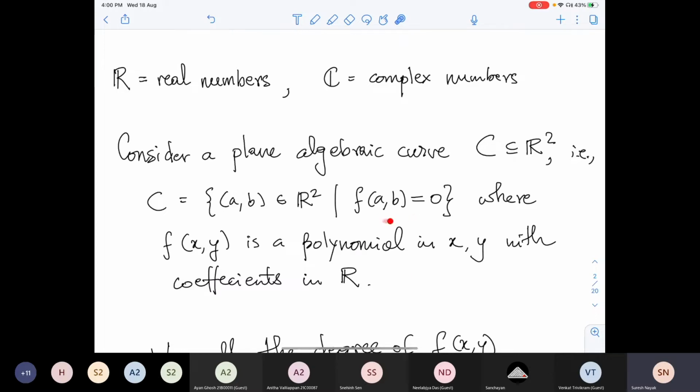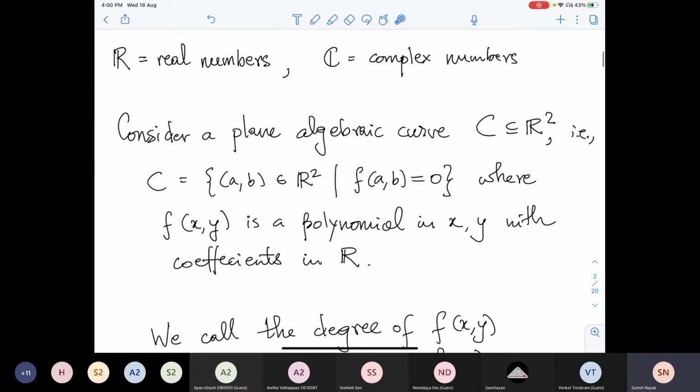So here's your geometric object, which is defined algebraically, because f is a polynomial in two variables, x and y. The coefficients right now we'll assume are in R, because we are looking at something in R2.